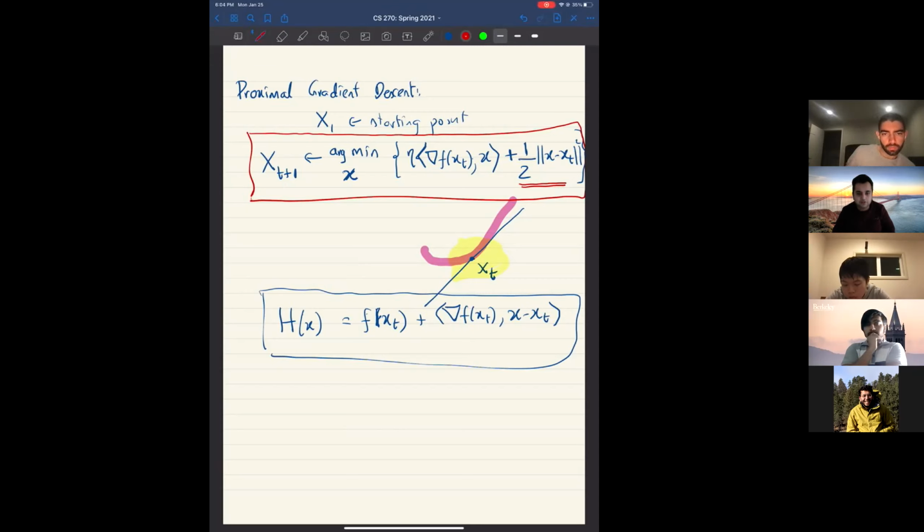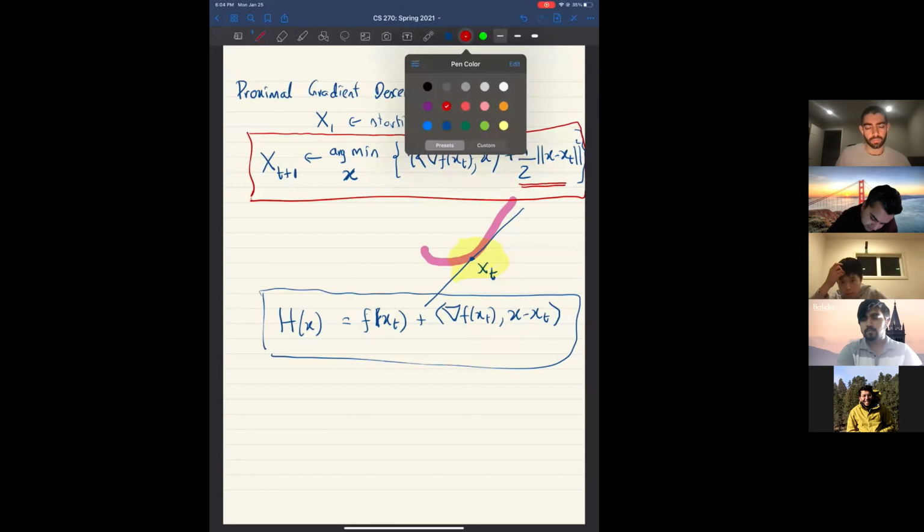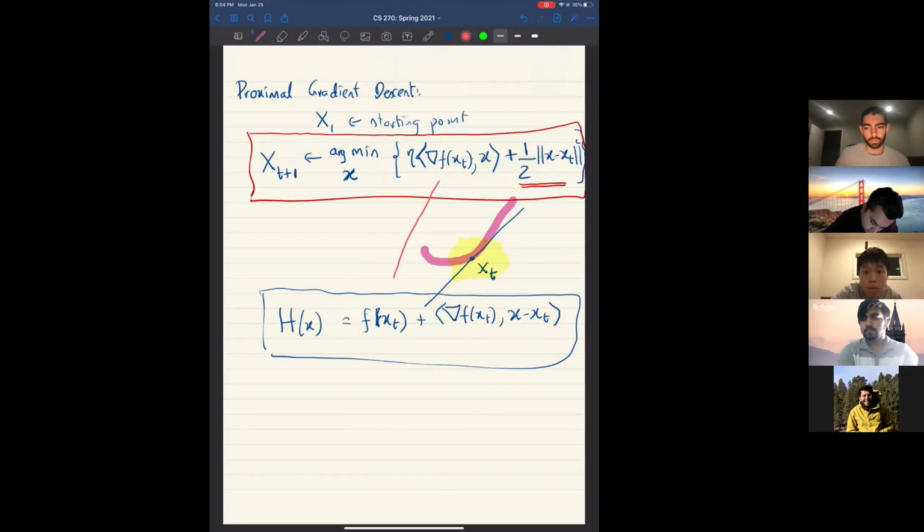Right. So note that the way I wrote it, this linear function looks different than the linear approximation here. But I have basically dropped terms which don't depend on x, right? Drop terms that don't depend on x, because you're anyway minimizing over x. So whether you minimize this linear approximation or this simplified one, it's the same.